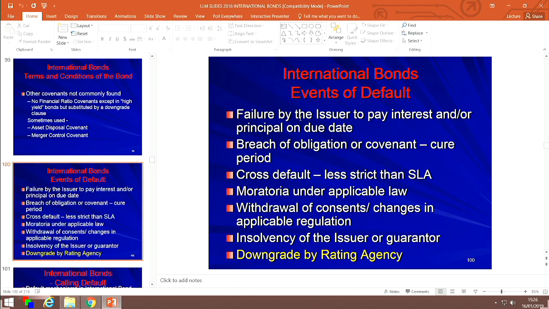All right, let me put a question to you. You are an investor in a bond which has got a cross-default clause. You become aware, due to a public declaration, that your issuer is in negotiations with its syndicate banks for breach of covenant.